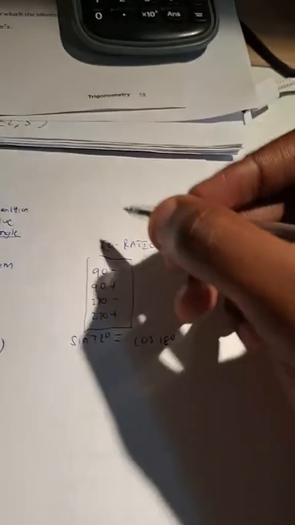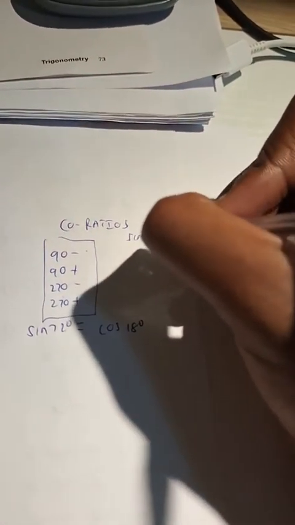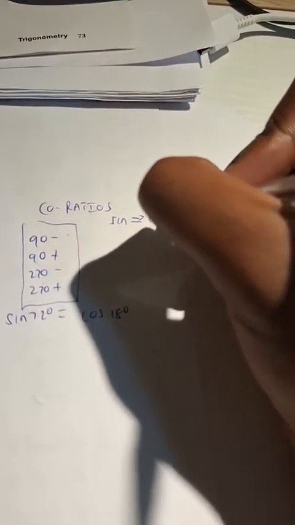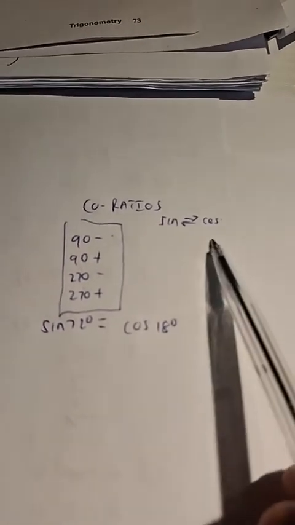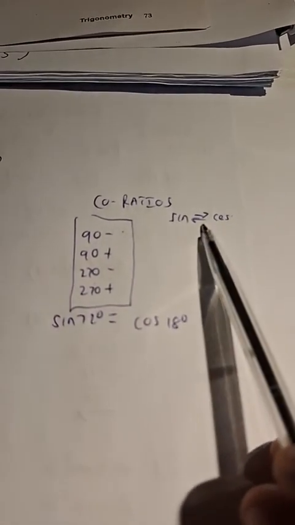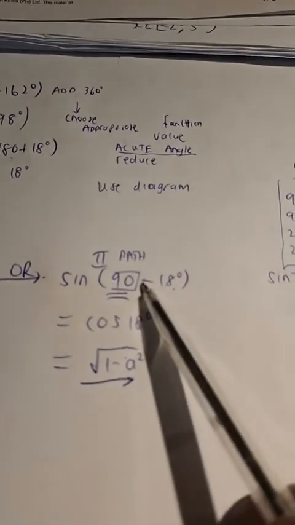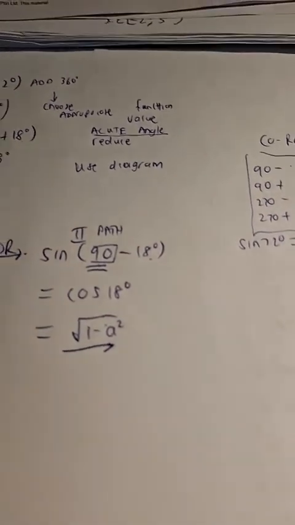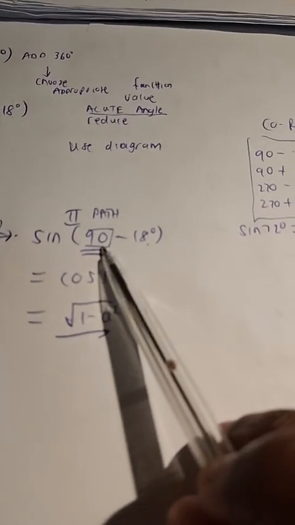Whenever we use these function values, sine will change to cos, and if it's cos, cos will change to sine. For 90 minus, 90 plus, 270 minus, and 270 plus, this always happens. There's always that interchange between the two ratios whenever we are reducing a particular function value that has those co-ratios.